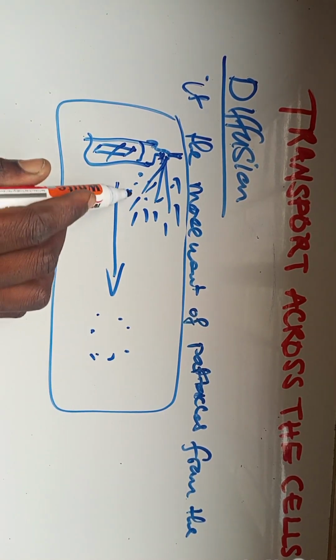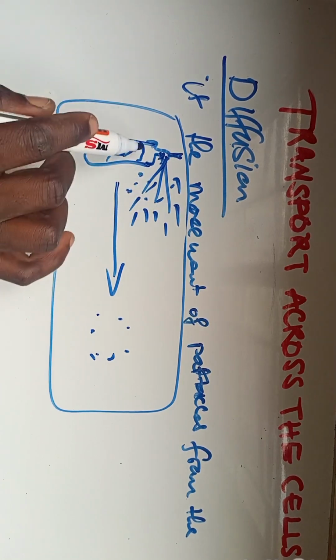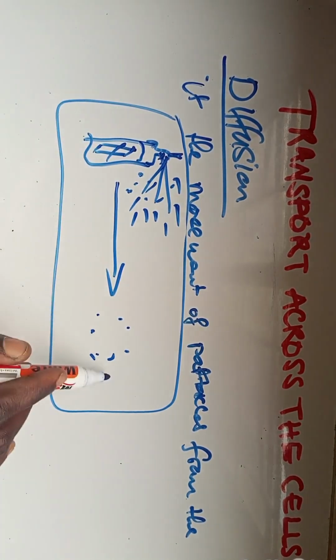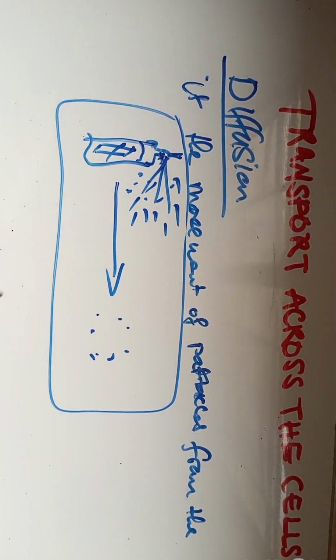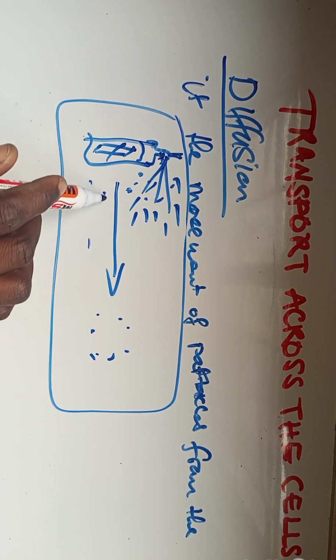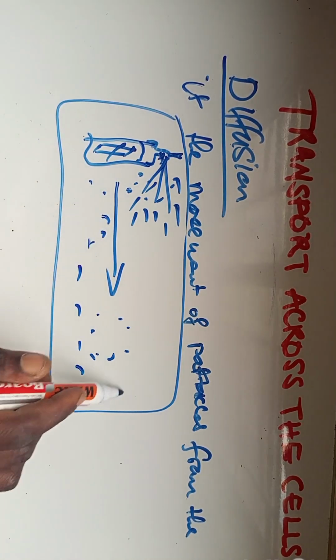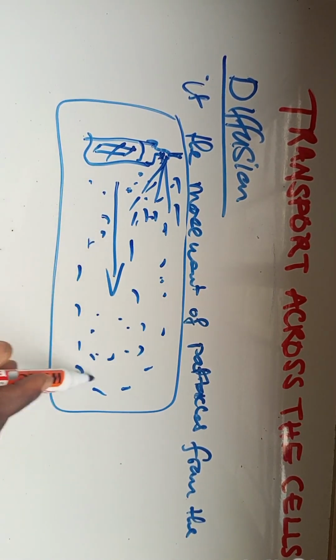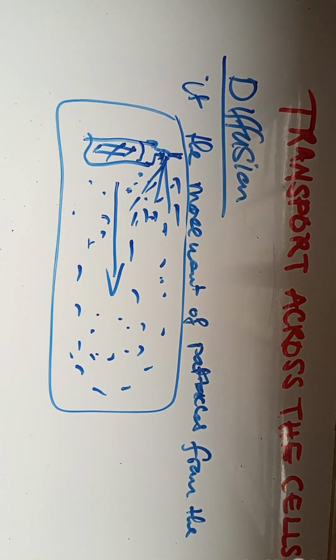As a result, the particles move from this high region of concentration to this lower region of concentration until they are equalized, or there is equilibrium, until the whole room is filled up with the perfume.